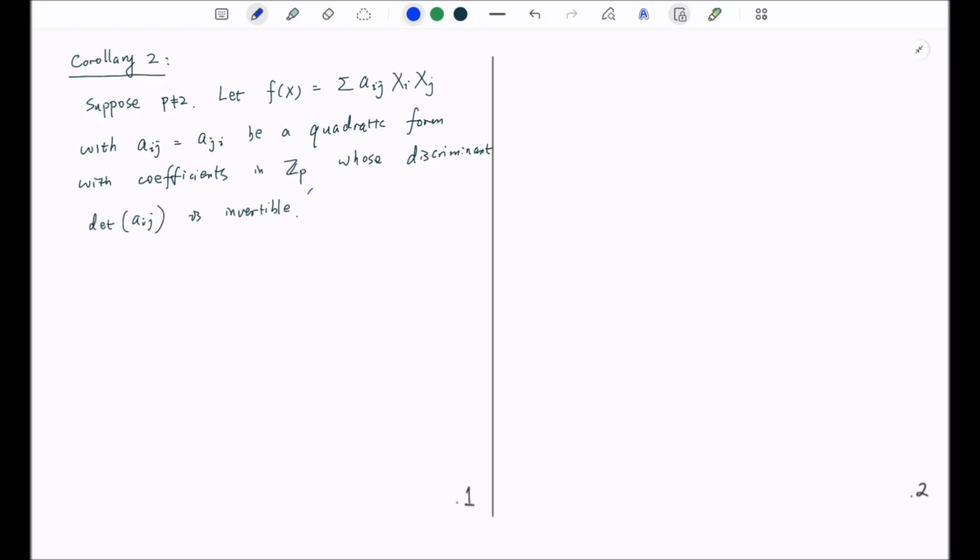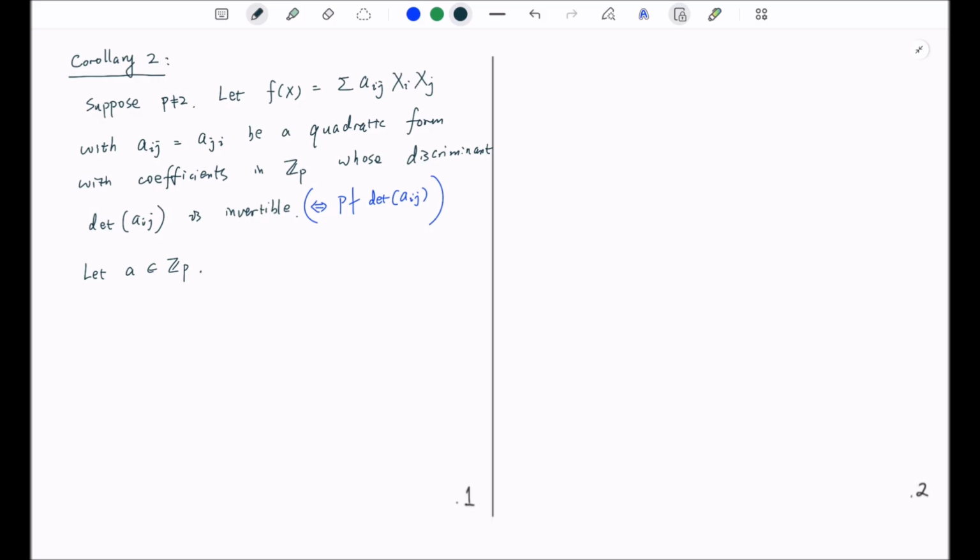And we know this condition is equivalent to saying that p does not divide the determinant of the matrix formed by aij's. Now let A be an element in Zp.